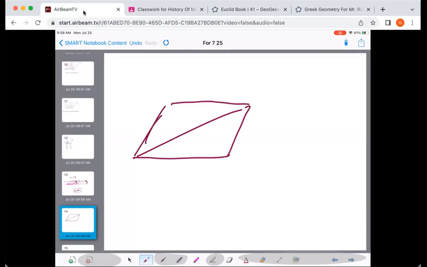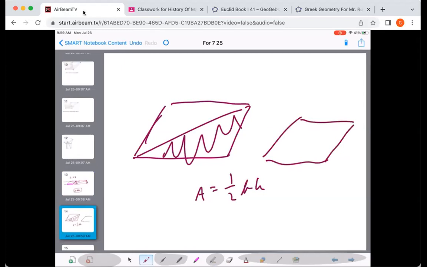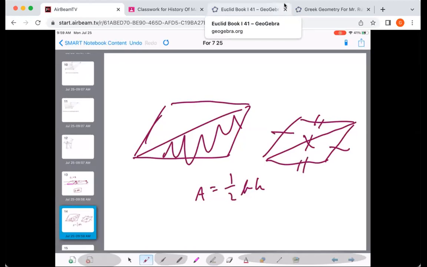And if the parallelogram was base times height, then the triangle is 1/2 base times height. Likewise, if you started with a parallelogram, the diagonal will definitely split it into two congruent triangles, side, side, side. Which is proposition 8, right? Yeah, 8 was side, side, side, that's right.